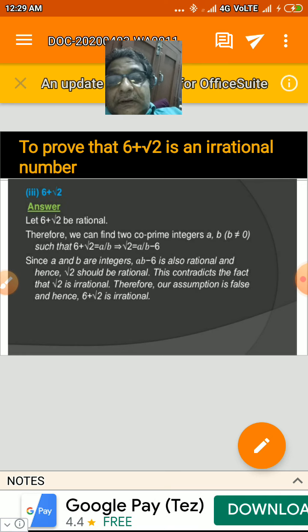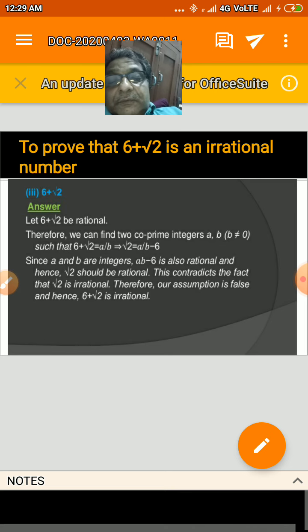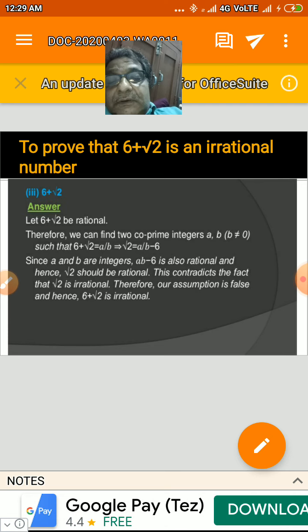So here, this is the fact, because we have already proved that root 2 is irrational, and in this way the LHS comes irrational, and if we compare with the RHS, then root 2 is considered as rational.